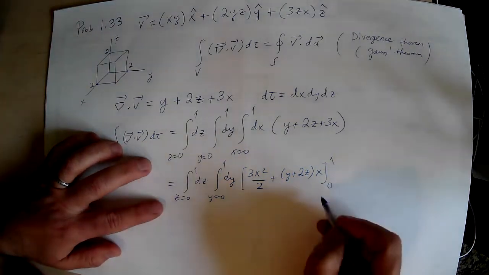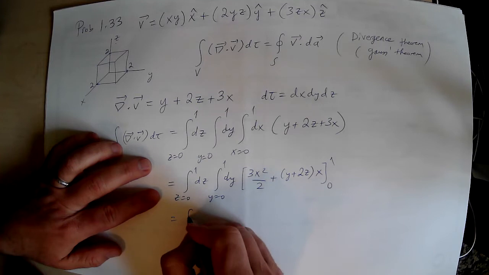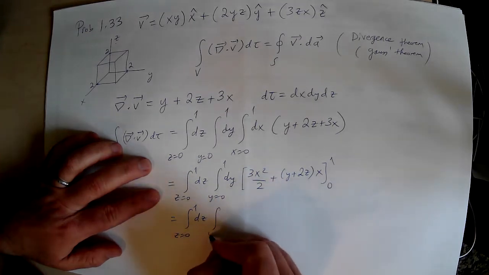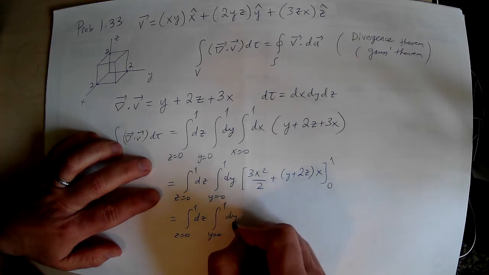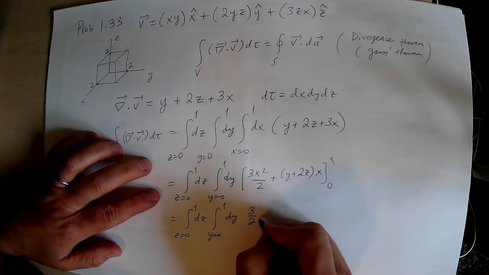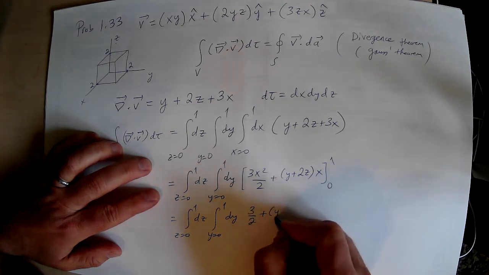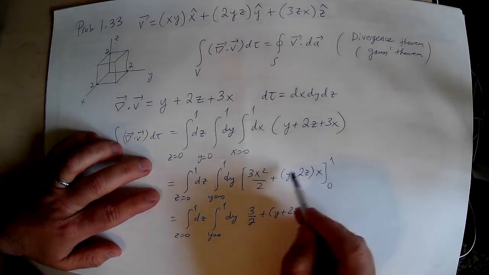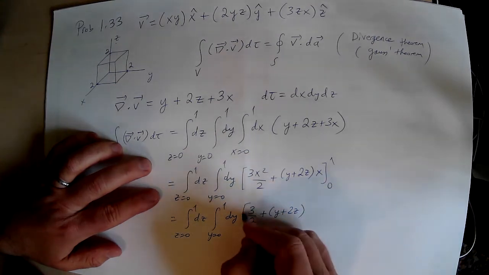All right, if I replace all x's with 1, I'm going to get 3 over 2 here, y plus, so 3 over 2 plus y plus 2z. At 0, both of them will be 0. Okay.